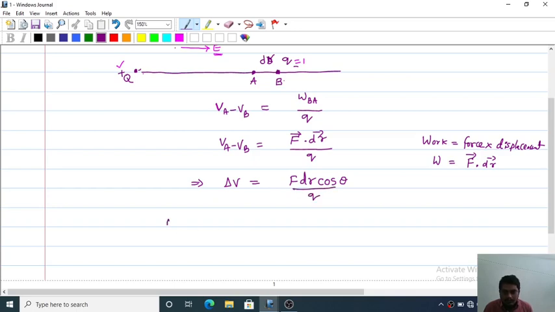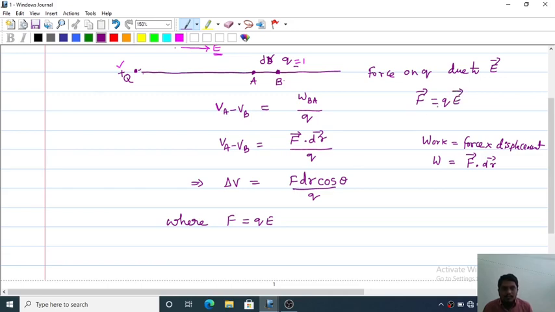Here, the force on Q due to electric field E is given by F bar equals Q into E bar.